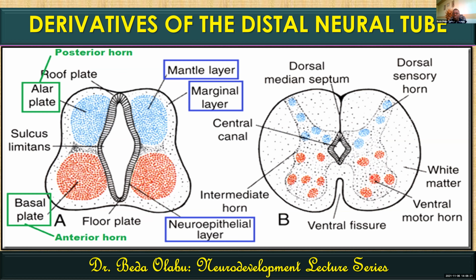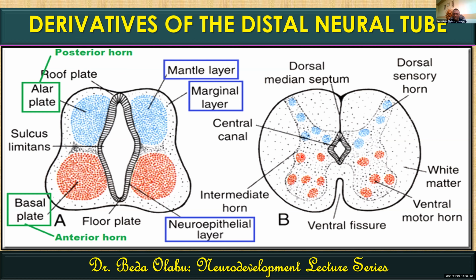Note that the motor neurons arise from inside here. Their cell bodies are inside here, and the axons grow out to follow skeletal musculature. Apart from giving rise to somatic motor neurons, which are housed within the ventral gray matter or ventral horn, the basal plate also gives rise to the intermediate horn of the spinal cord, or what we call the lateral horn.